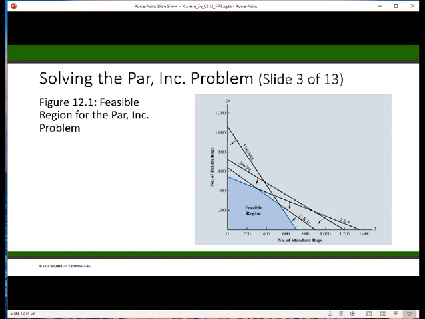So a line for each one of the constraints is going to divide the total space into what are known as half spaces. And the intersection of the half spaces for each one of the constraints makes up this feasible region. A feasible region, again, is this set of points that satisfies all the constraints of a problem.